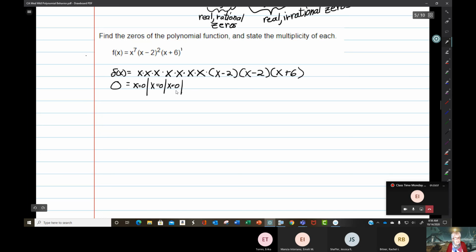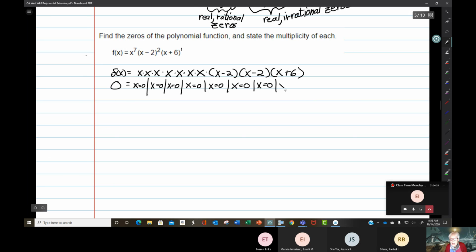All the x's are separate factors. x equals 0, x equals 0. 1, 2, 3, 4, 5. Okay, x equals 0. I'm getting a little bored with this. x equals 0. Thank goodness. 1, 2, 3, 4, 5, 6, 7.